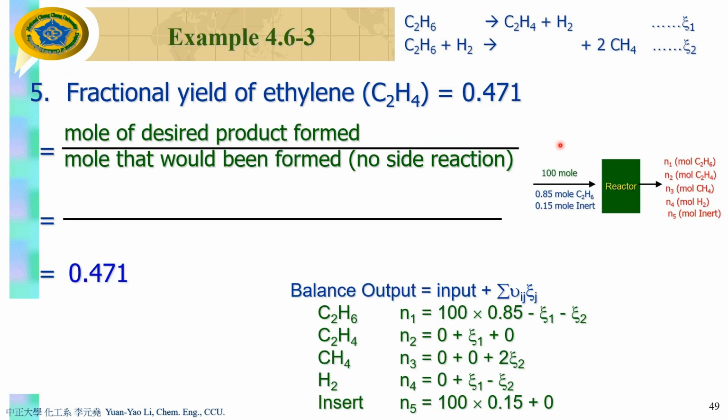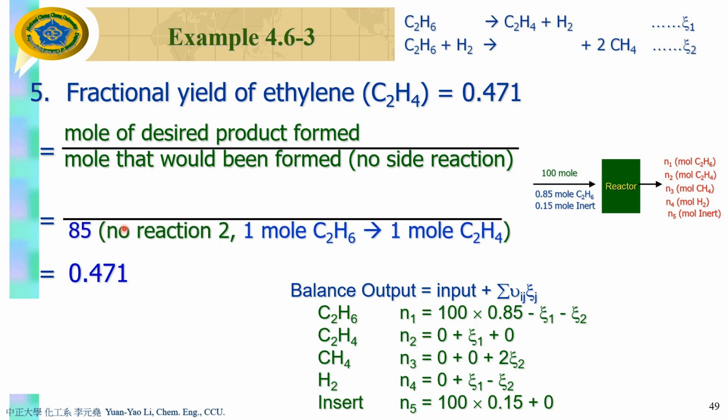Equation 2 is the fractional yield of ethylene C2H4, which is 0.471. According to this definition, the denominator is the moles that would be formed if there were no side reaction. If you have 85 here, you can form 85 more here. And the moles of the desired product is Xe1.